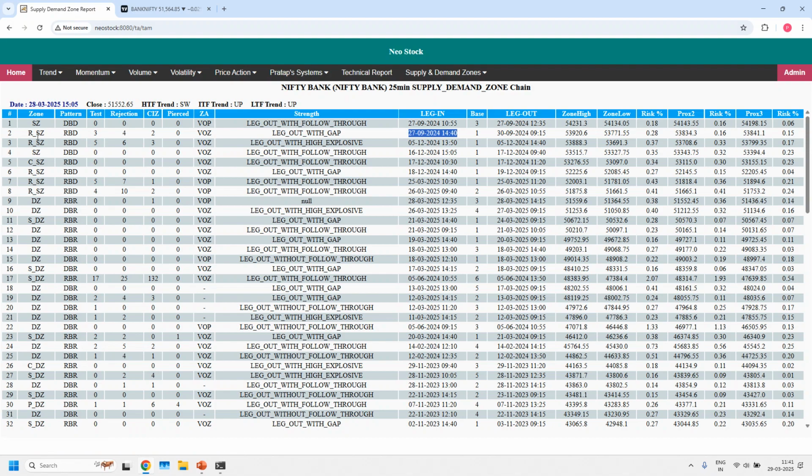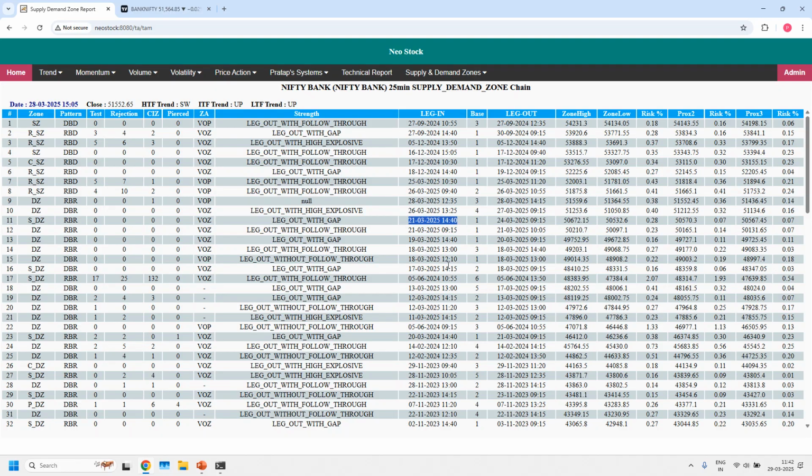Okay, these are the supply zones. What about demand zones? The nearest demand zone, high liquidity, 11th. This is the 25 minutes demand zone. 25 minutes, I am focusing only on high liquidity zones. So when it is there on 21/3, 14:40.